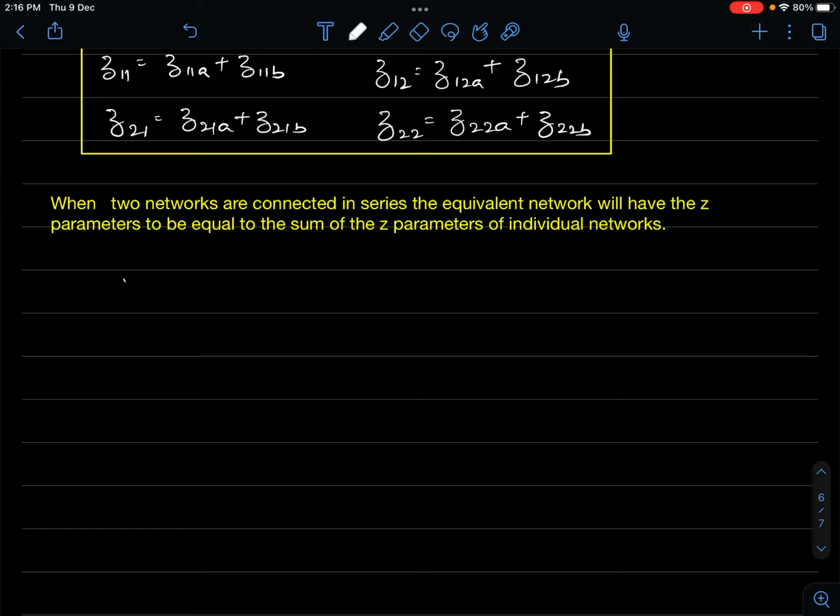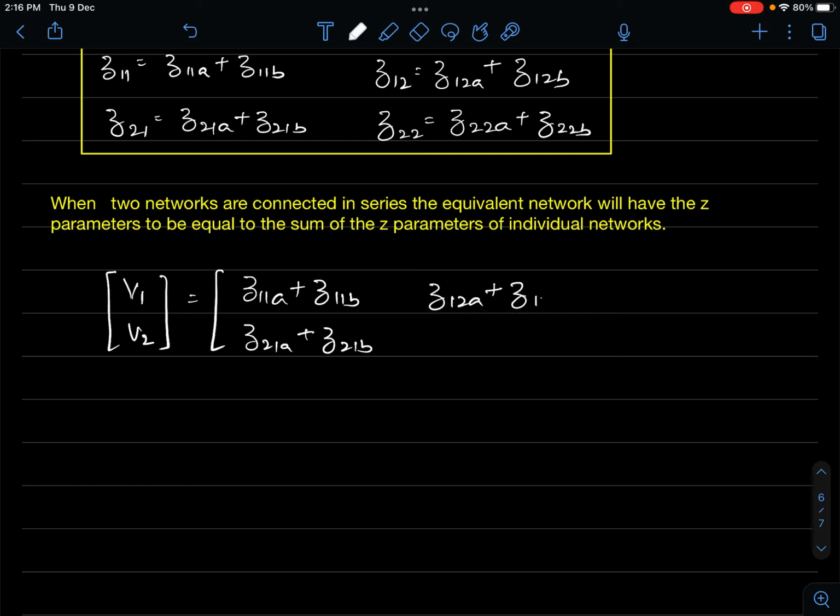So if I want to write the equations in equation form, V1, V2 in vector matrix form is equal to Z11A plus Z11B, Z21A plus Z21B, and here Z12A plus Z12B, Z22A plus Z22B, times I1, I2.